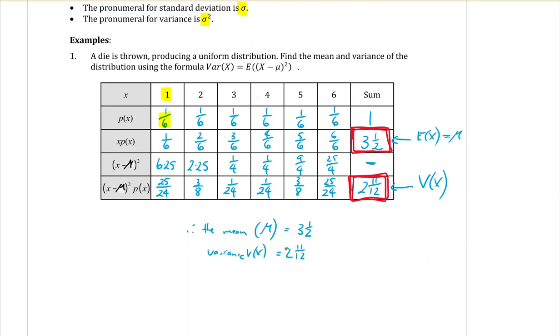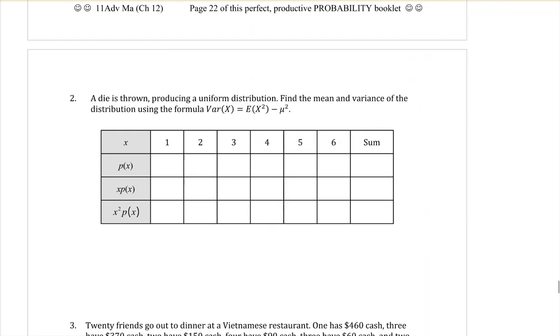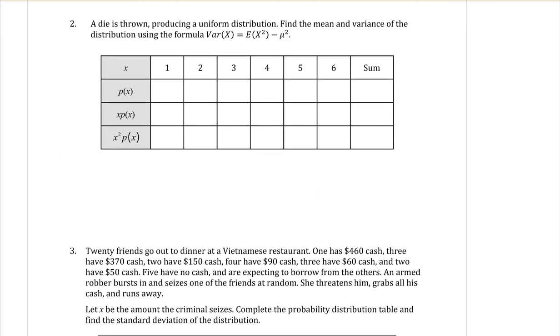The next question, we now need to go through a similar table, but note the table is different. This is to set us up for the second type of formula. Okay, so it says here, our die is thrown, producing a uniform distribution. It's the exact same question. Okay, it's the exact same dice. The probabilities are, again, always going to be the same here. 1/6, 1/6, 1/6, with a sum of 1.